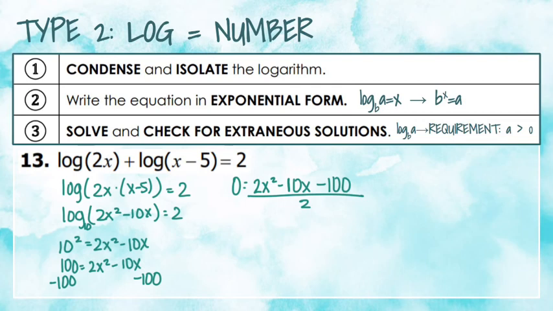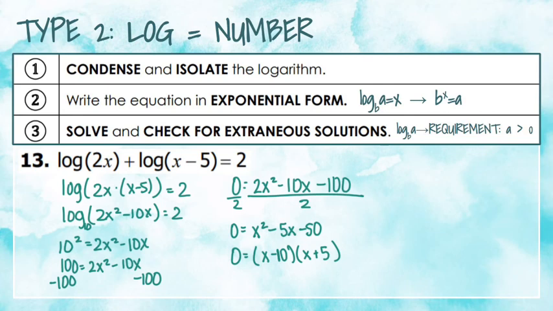I'm going to divide everything by 2 to get 0 equals x squared minus 5x minus 50. Then we can factor pretty easily. We're going to get x minus 10 times x plus 5. Then we set each factor equal to 0. And we're going to get x equals 10 and x equals negative 5.